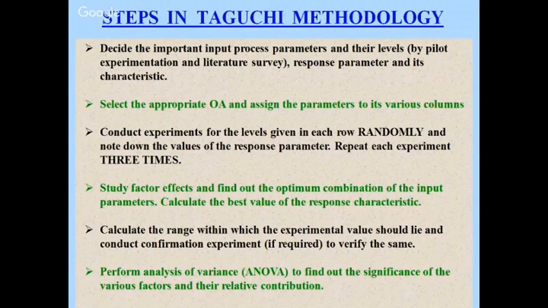Perform analysis of variance to find out the significance of various factors and their relative contribution. So I will perform that ANOVA analysis and it will tell me. In fact, here I have only 4 factors. Now suppose you were talking of 7 factors. By your judgment and by your pilot experimentation, you found that a certain factor was significant and you used it in the orthogonal array.